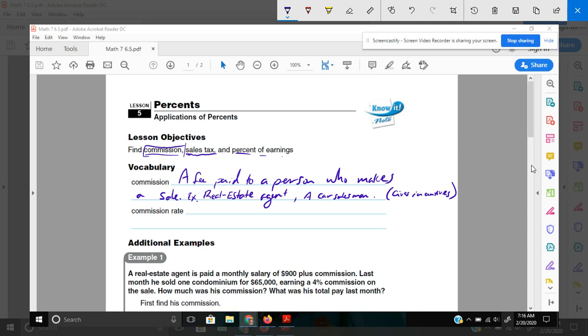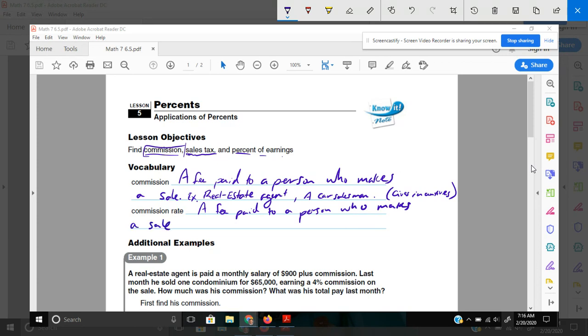And then a commission rate would just be a fee paid to a person who makes a sale.